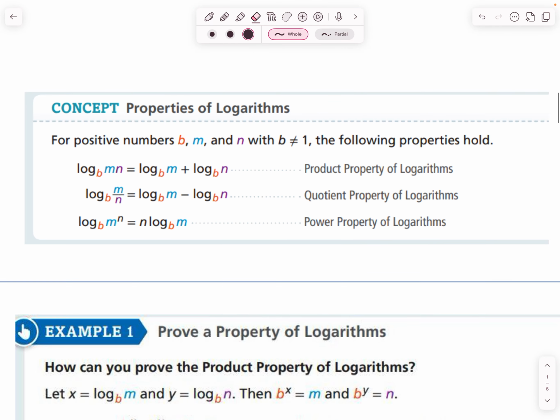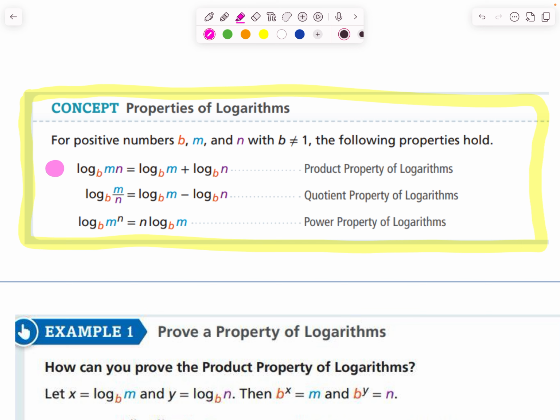So the first thing I'm going to do is skip over our Explore and Reason and come right down to the bottom of the first page where we see the concept, Properties of Logarithms. This box is going to be really important, and it's also repeated at the very end of our lesson. These are 3 properties we're going to talk about today. The first one is called the product property of logarithms. In log world, just like in exponent world, multiplication is related to addition.